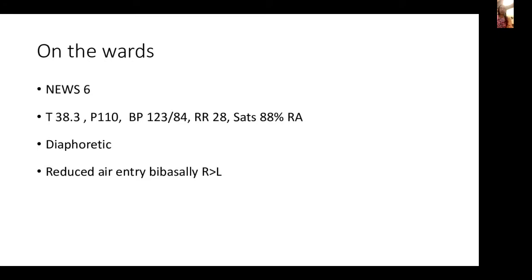So despite doing everything appropriately on the wards, poor Kofi is now febrile, he's tachycardic, blood pressure still okay but up from before, and he's very tachypneic, and his sats have dropped from 97 to 88% on room air. He looks terrible, he's very diaphoretic, and when you listen, there's reduced air entry on the right compared to the left.